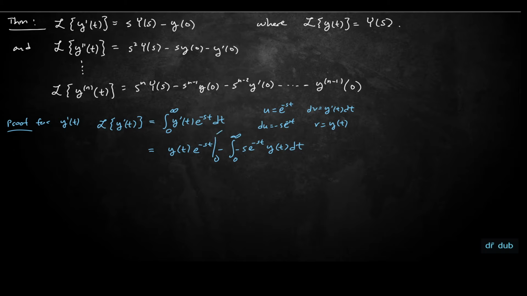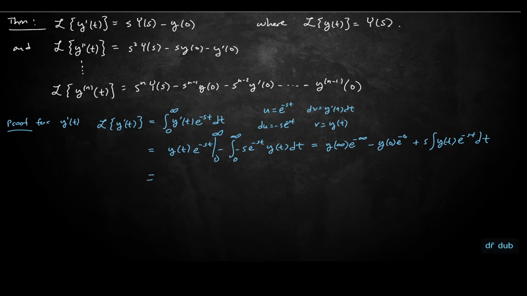Here 0 to infinity as well. That's going to be y of infinity times e to the negative infinity, minus y of 0 e to the negative 0, minus minus is plus s times the integral of y of t e to the negative st dt.